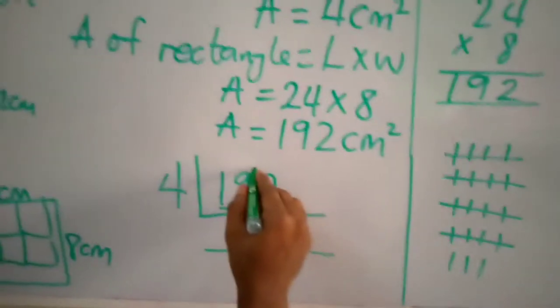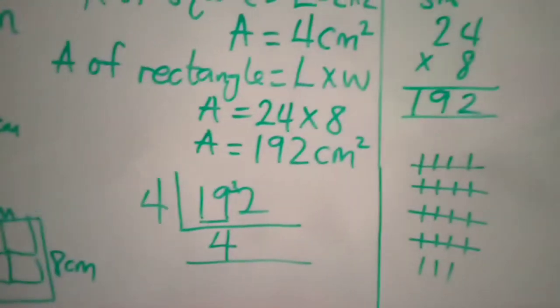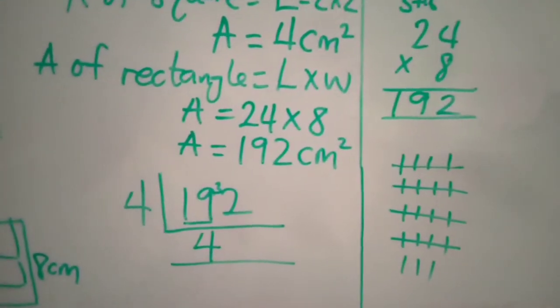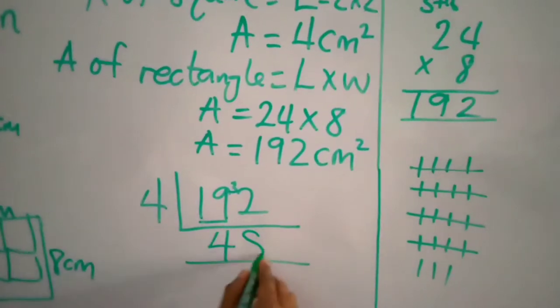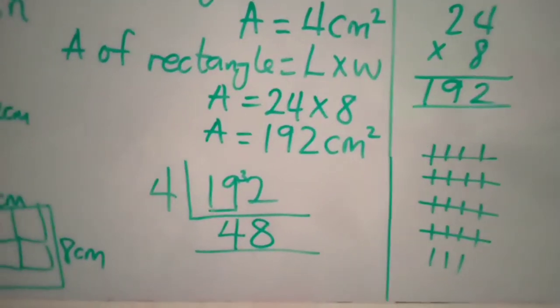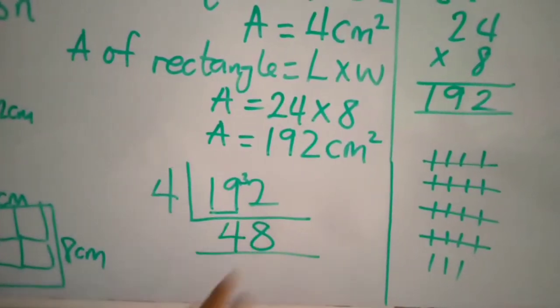Remainder 3. Put it behind the next number, 32. If you want to use the 4 times table, 4 times 8 will give you 32. Good. So 4 can go into 32 8 times.